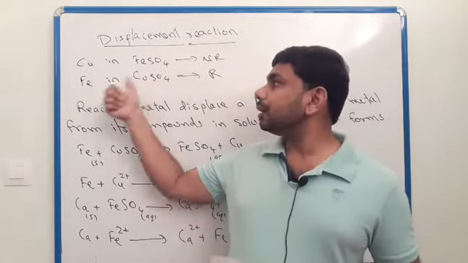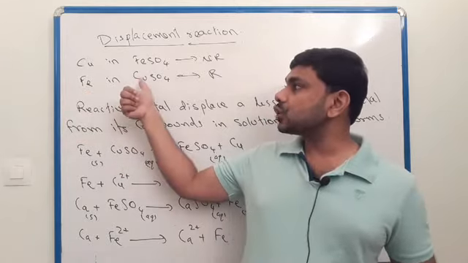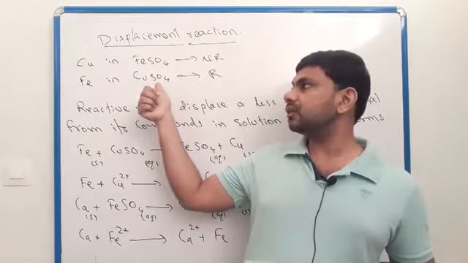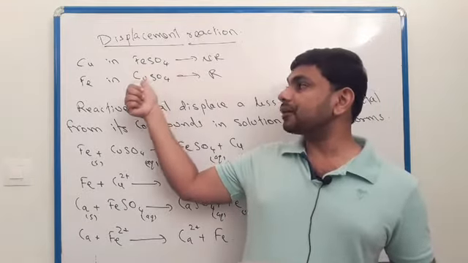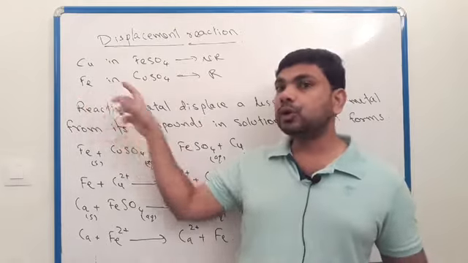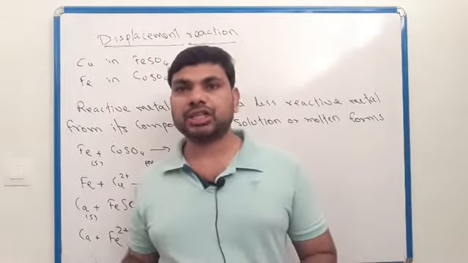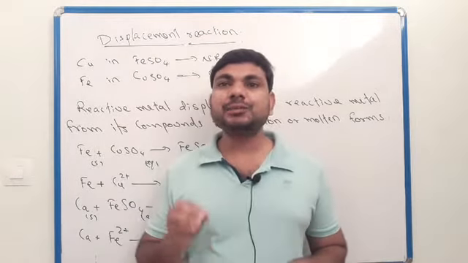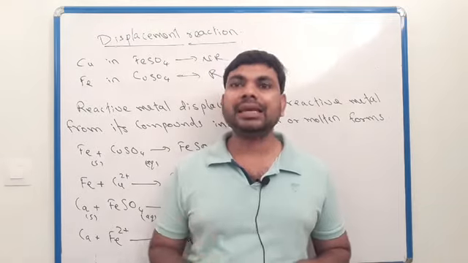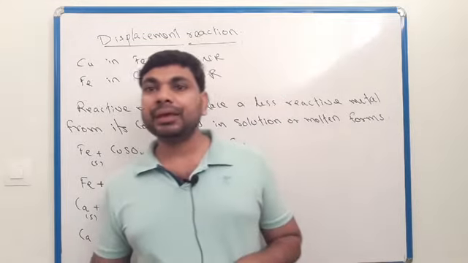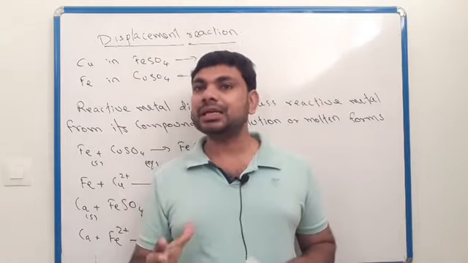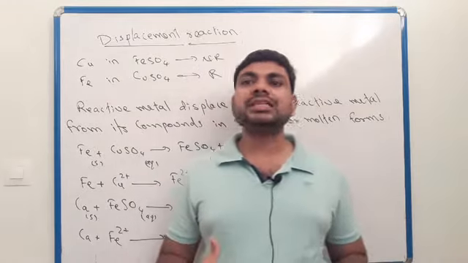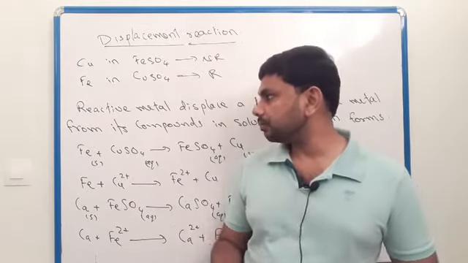Iron can displace copper from molten copper sulfate or aqueous copper sulfate, because iron is the more reactive metal. Such chemical reactions are called displacement reactions. I will tell you once again: displacement reaction means a more reactive metal displaces a less reactive metal from its compound. This process is called displacement reaction.